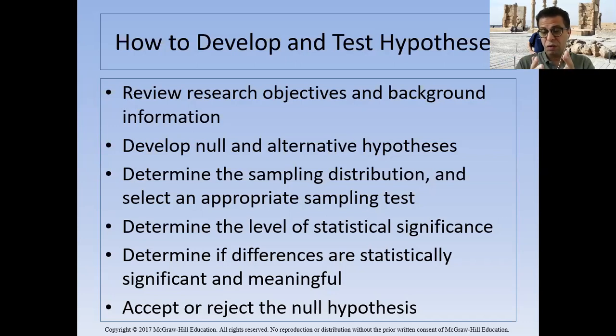That proves whether this person is guilty or not, as in a court. Then you utilize these numbers, the mean, mode, variance, all to prove the null hypothesis.